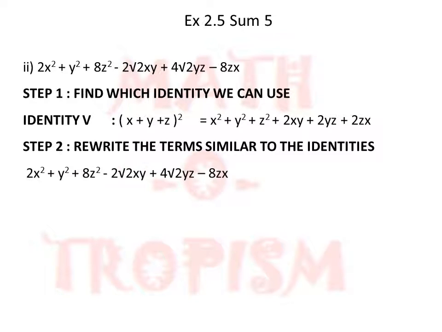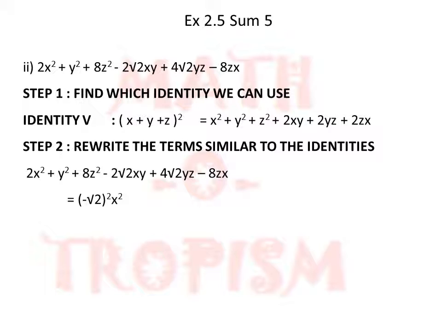So I can see 2x square in terms of a whole square can be written as root 2 square into x square. But now I already found that I will be taking the x term as the negative. So it will be minus root 2 the whole square x square plus y square plus 8z square.